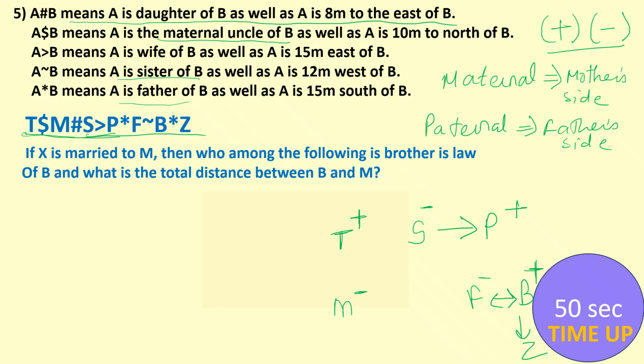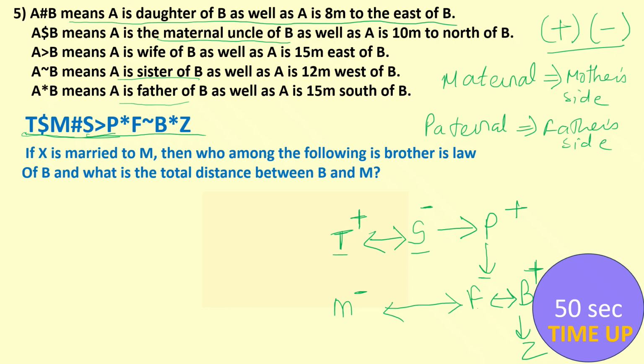Now, see students, if T and S both become siblings, okay, then these are also siblings, because they have said that P star F means P is the father of F. F and B are siblings.